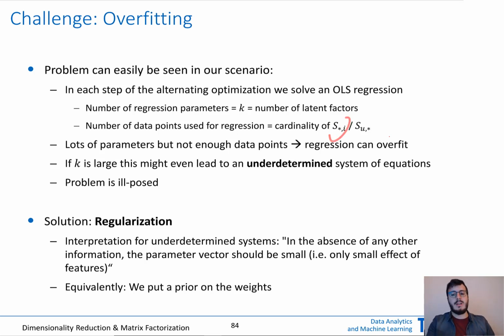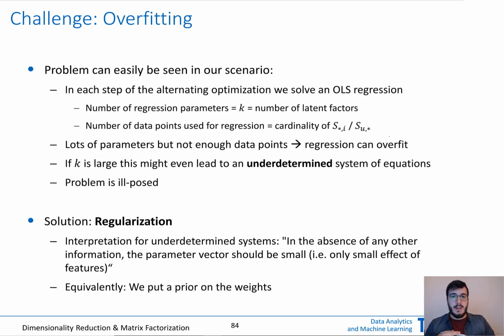Depending on the user or the item, these two sets can be quite small, in particular much smaller than the number of latent factors. When this happens, the linear regression solution will overfit, and in some cases this might even lead to an underdetermined system of equations, which means that the problem is ill-posed.